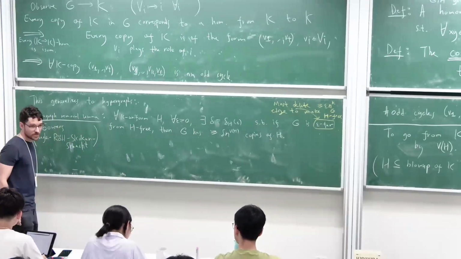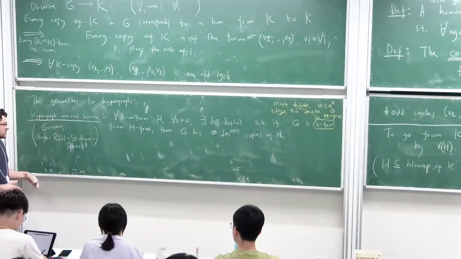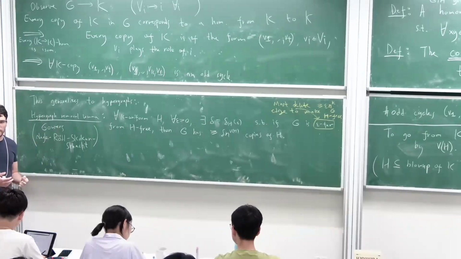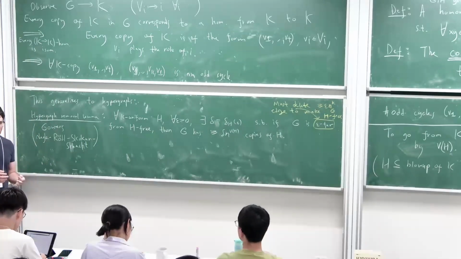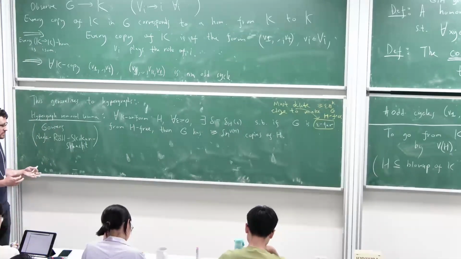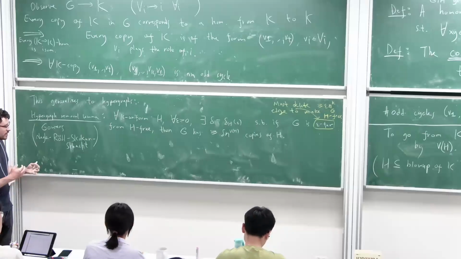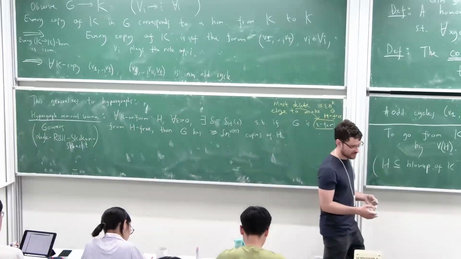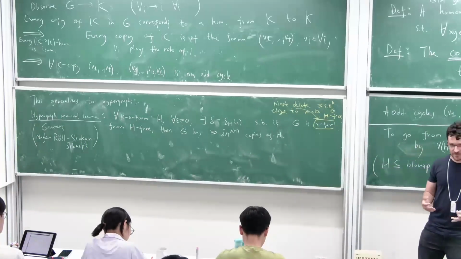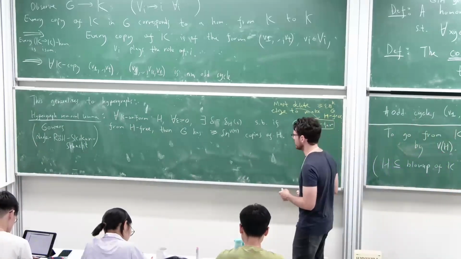The big deal is that in order to prove this, they had to figure out a way of generalizing the Szemerédi regularity lemma to hypergraphs, and it's not a straightforward generalization. Regularity for hypergraphs is much more complicated than for graphs. If you're interested, you can read up on this. I wanted to talk about it at some point, but in this summer school I don't know if we'll have time. Maybe towards the end.